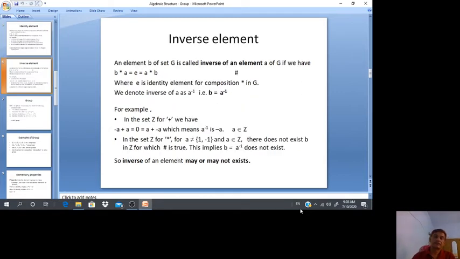So let us see what is an inverse of an element. What do we mean by an inverse of an element?